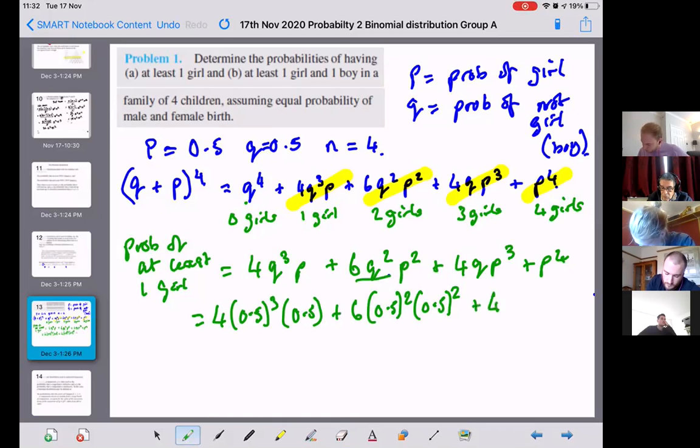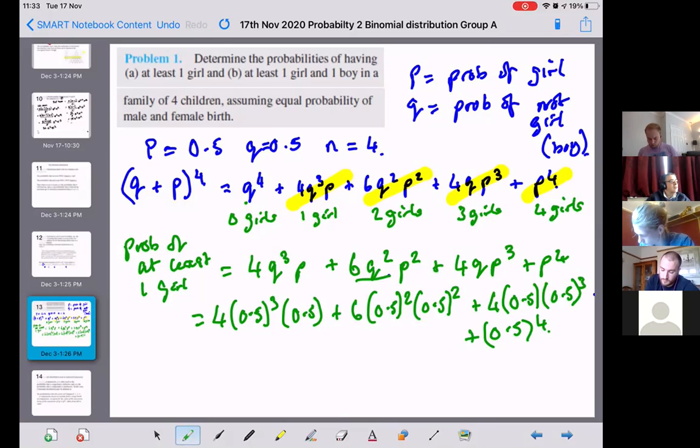Plus 4 times 0.5 times 0.5 cubed, plus 0.5 to the 4. So you add all those terms up in your calculator, and what you should get is 0.9375.